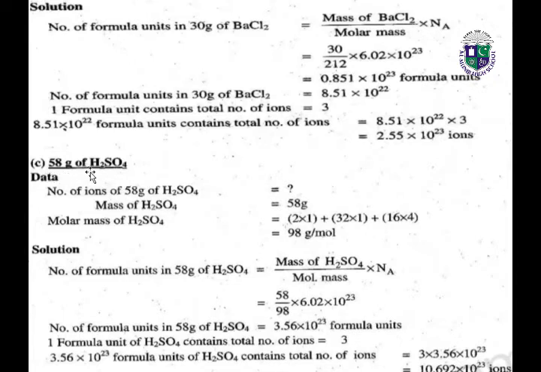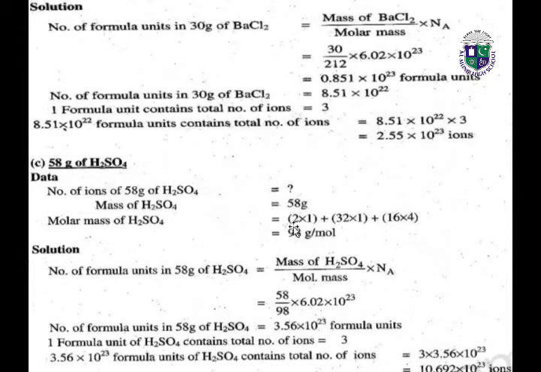Next, 58 grams of H2SO4 is given. We have to find the number of ions of 58 grams of H2SO4. Mass is given in the question. We can calculate the molar mass of H2SO4, which is 98 grams per mole. So the number of formula units in 58 grams of H2SO4 can be calculated using the formula: mass of H2SO4 over molar mass, into Na.